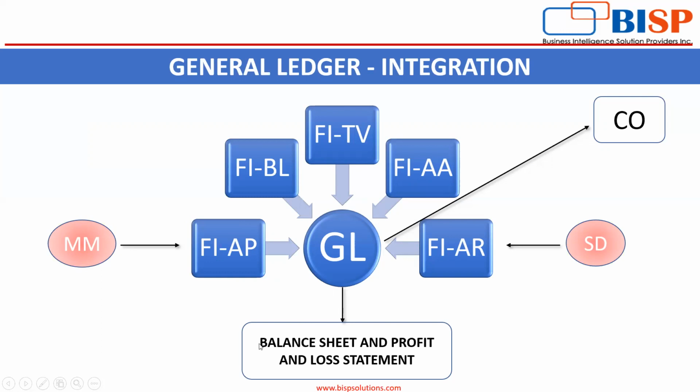Financial statements are the balance sheet and profit and loss statement. Also, for the purpose of controlling, we get data from GL only. So this is just the integration part.